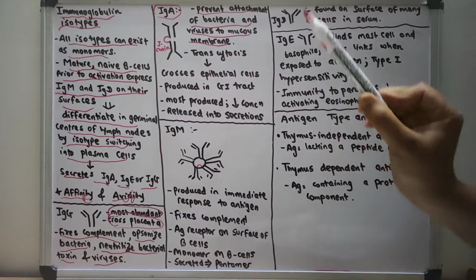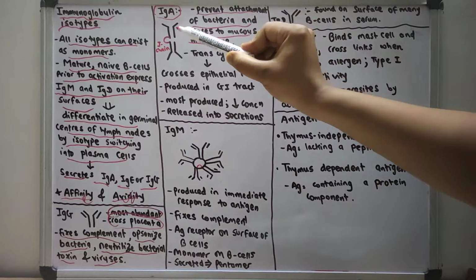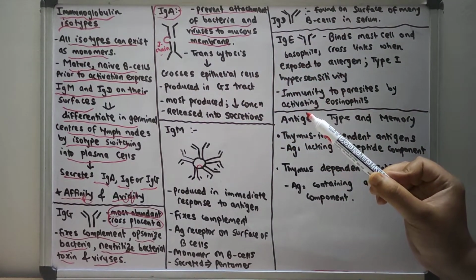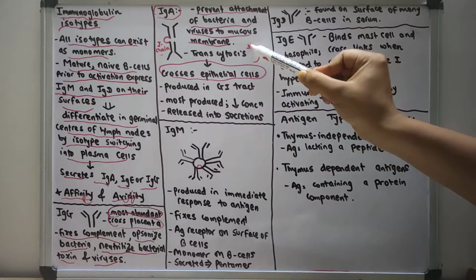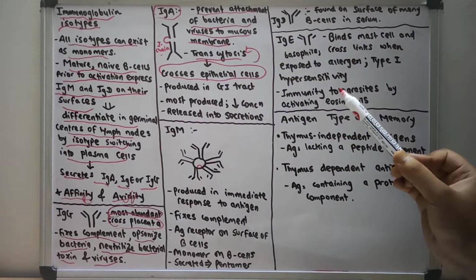It occurs as a monomer in the circulation, but it occurs as a dimer with a J chain when it is secreted, and it crosses the epithelial cells by a mechanism called transcytosis.